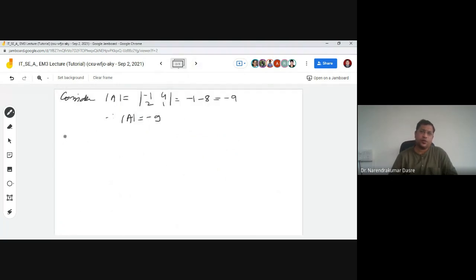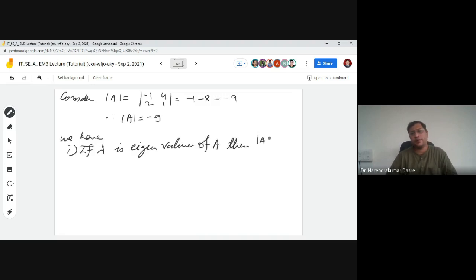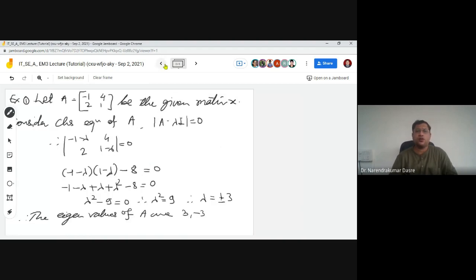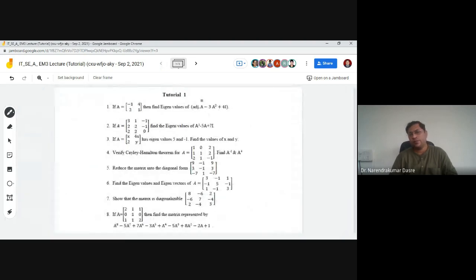Okay. So what we know is, first, if lambda is an eigenvalue of A, then determinant of A upon lambda is an eigenvalue of adjoint of A. Now A square.